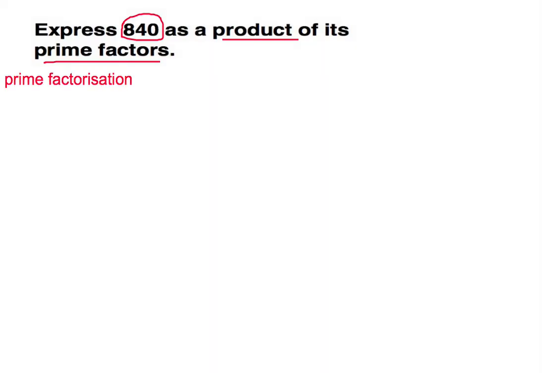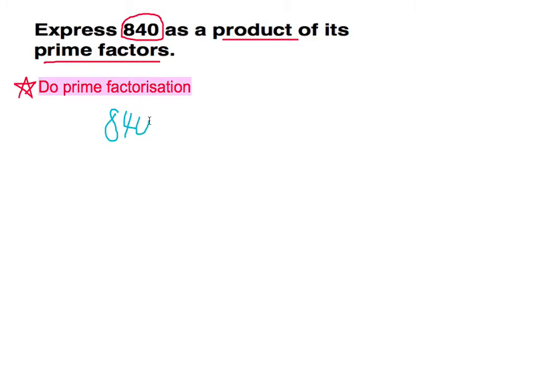So basically what you want to do here is prime factorization, but on the number 840. 840 is an extremely big number, but no worries, because 840 can be divided by 10 to get 84.